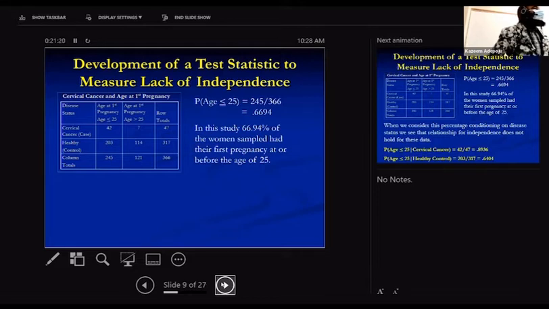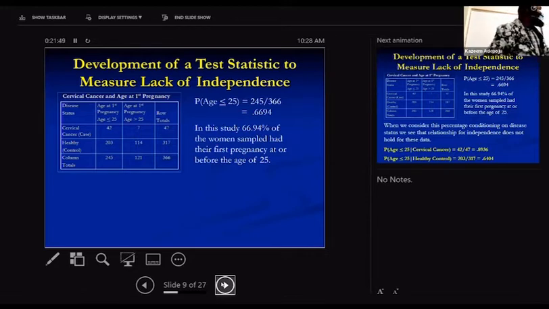I want to find the probability that a woman has a pregnancy at age less than or equal to 25. That is what I want to find first. Check from the table. The number of women who have a pregnancy at age less than or equal to 25 is 245, divided by the totality of women, 366. Look at what I found. That is the probability of age less than or equal to 25.